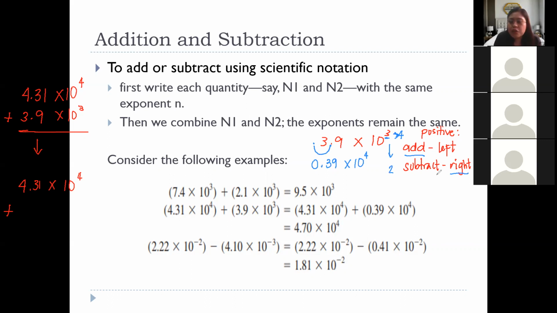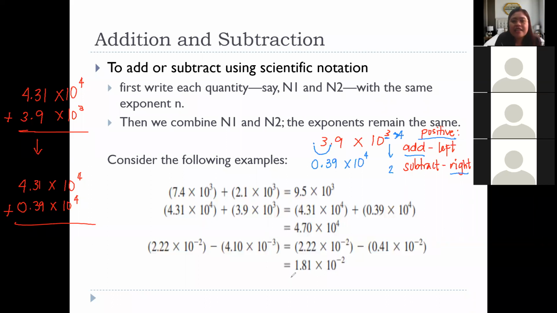Take note that this rule is only applicable if the original exponent is positive. Okay? So parehas ani positive man siya. Therefore, we have now 0.39 times 10 raised to the power of 4.